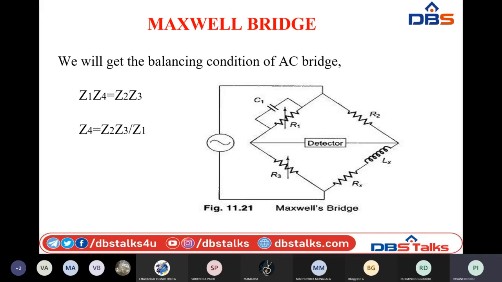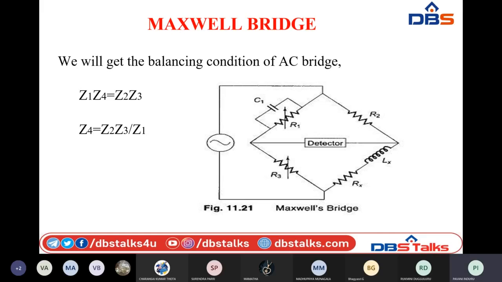And at the 4th arm, we have one inductor whose value is to be found, in series with its leakage resistor Rx. That means here we don't know the value of Lx and Rx. So this should be determined with the help of the Maxwell bridge. Understood? That is what we are going to see now.